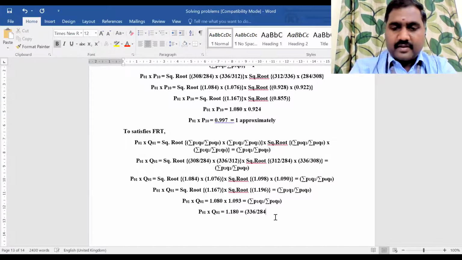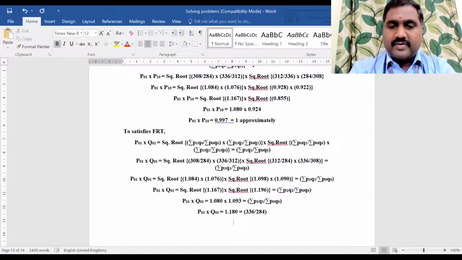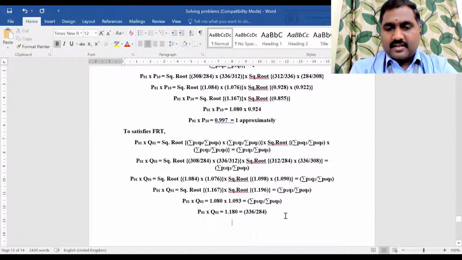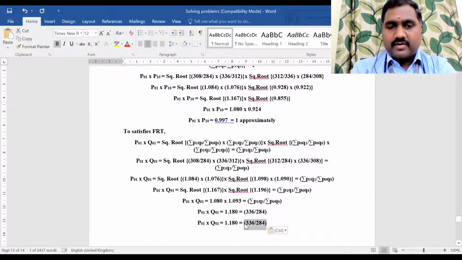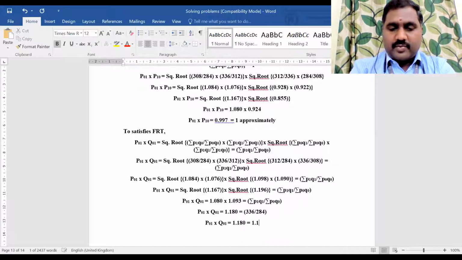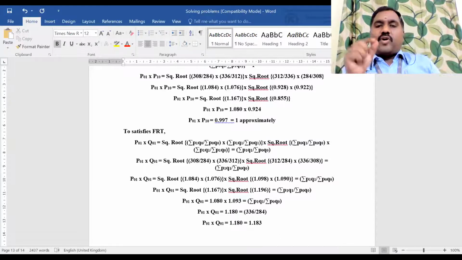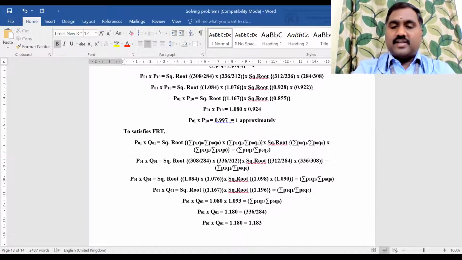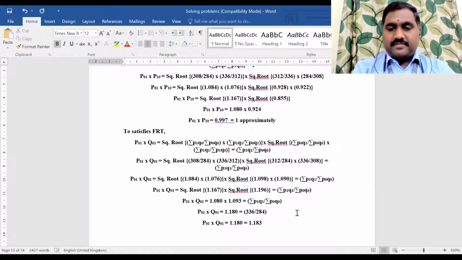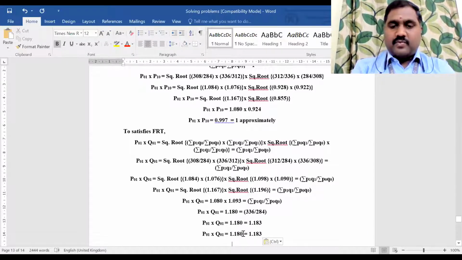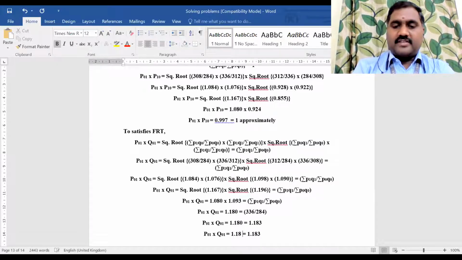Now you divide and tell me 336 divided by 284. 1.183. Yes, almost. Based on the point differences, you make out. Now we can make it approximate, like 1.18 equal to 1.18.